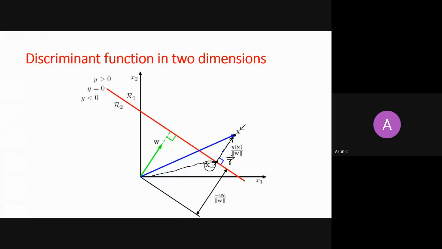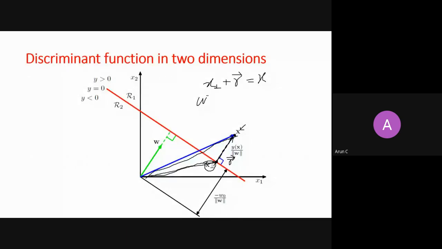right? So if I add x orthogonal plus r vector, this is one vector, this is the other vector, the sum of the two vectors will be equal to this blue line vector, right? Which is nothing but the x vector. I multiply both sides with W transpose, then what do I get?